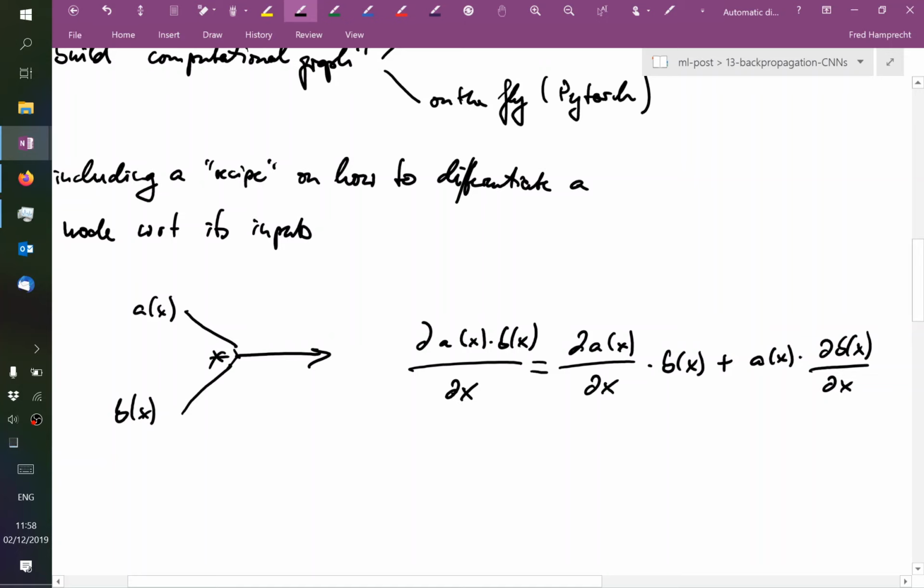So, for example, if these multipliers currently at the given value of x, this is always at some concrete value of x. Let's say this is at x equals x old.